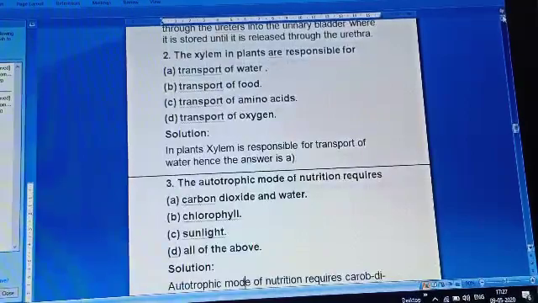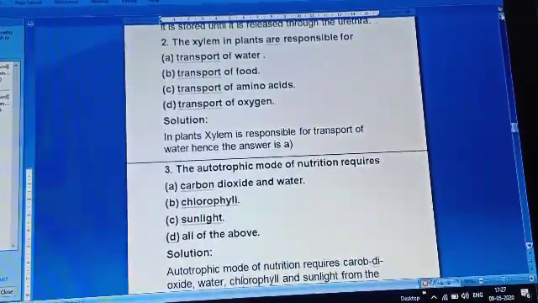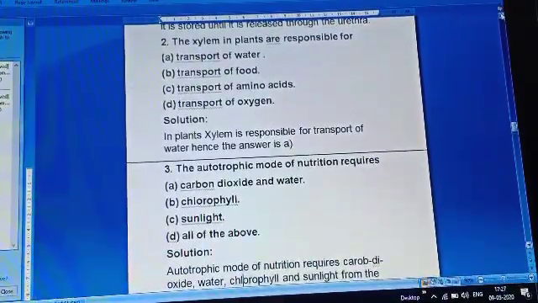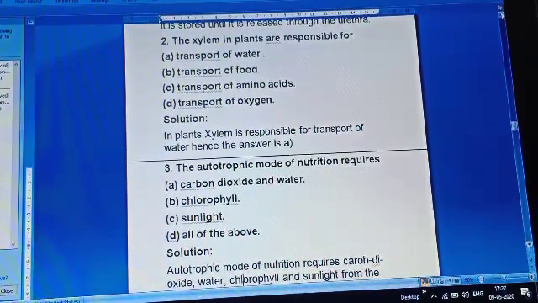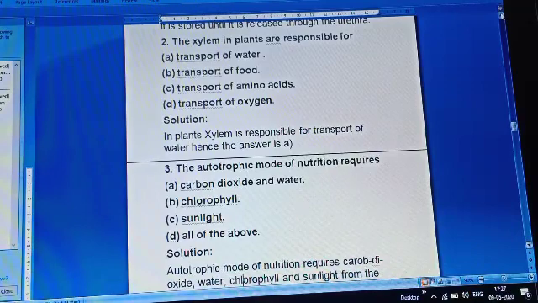The xylem in plants is responsible for transport of water, transport of food, transport of amino acids, or transport of oxygen.